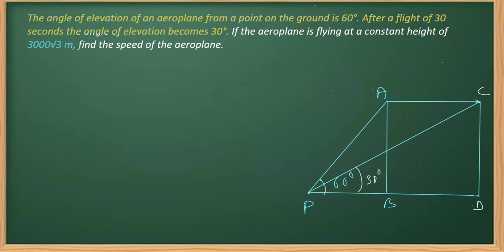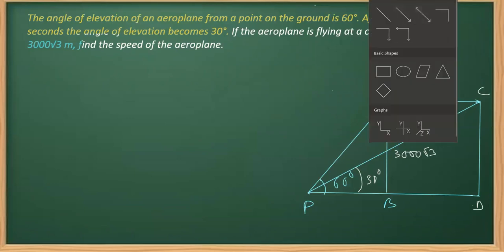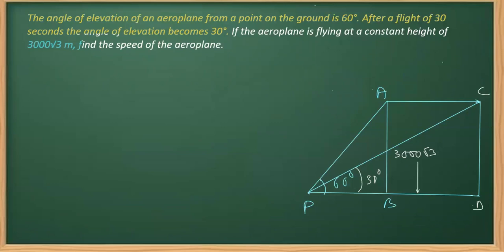As you can see, it is mentioned as 3000 root 3 meter. So I can write this as 3000 root 3. So the same will be CD, right? This AB as well as CD is 3000 root 3 meter, right?